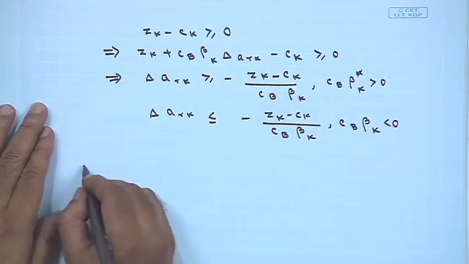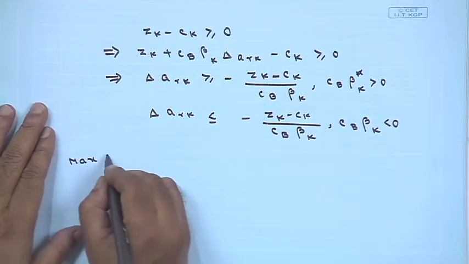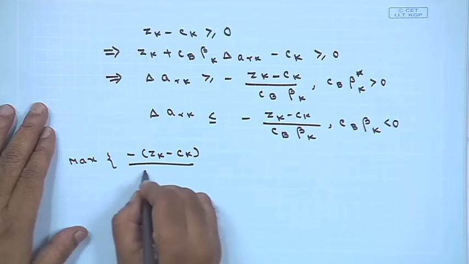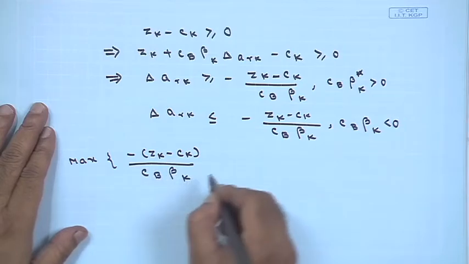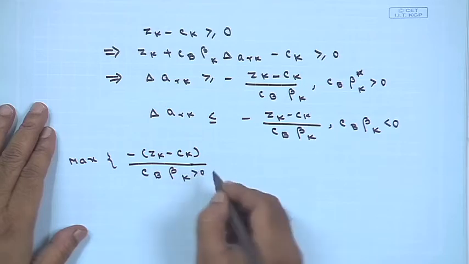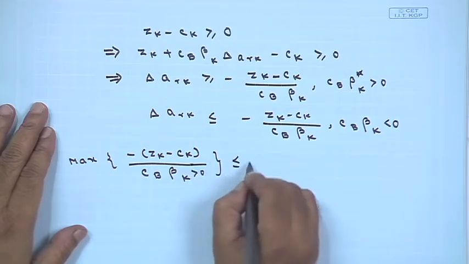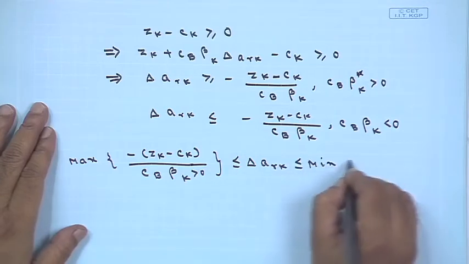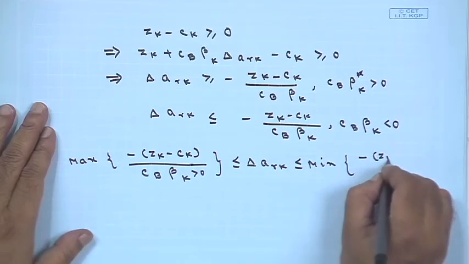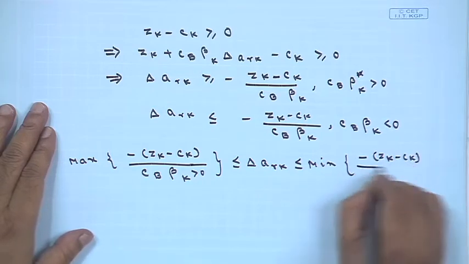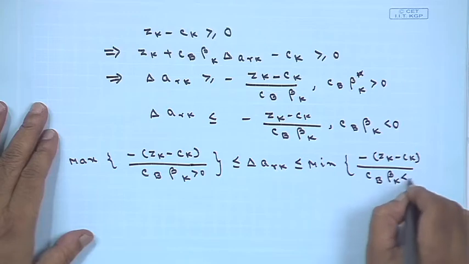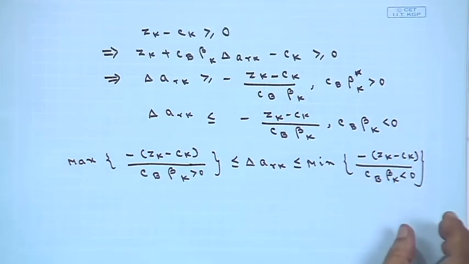So, combining, we can write it in this form: maximum of minus (z k minus c k) by C B beta k, where C B beta k is greater than 0, is less than or equal to delta a r k, which is less than or equal to the minimum of minus (z k minus c k) by C B beta k, where C B beta k is less than 0. So, what is the range?